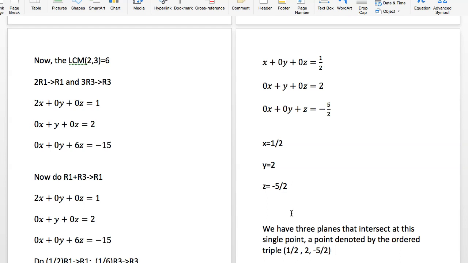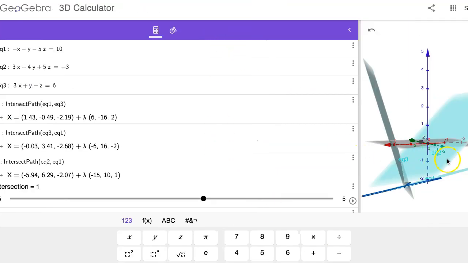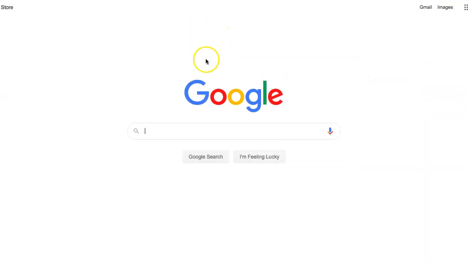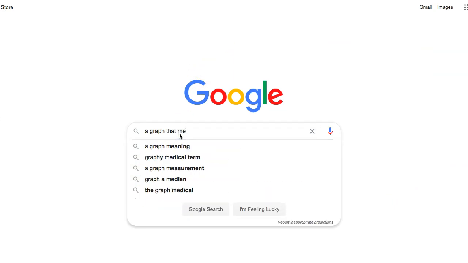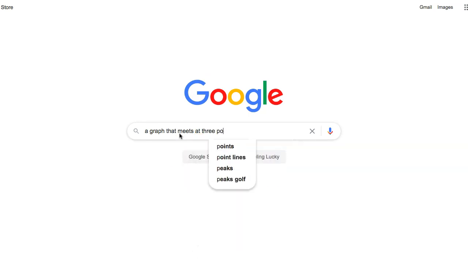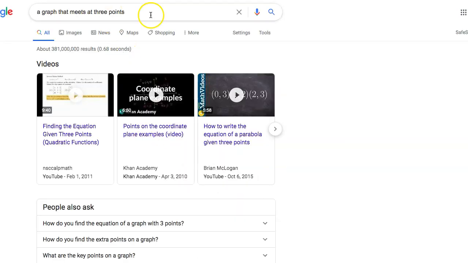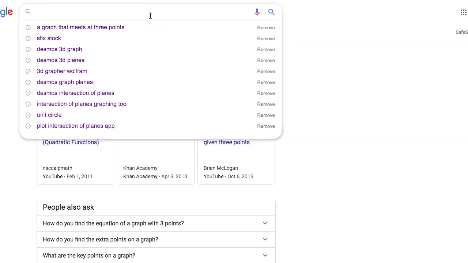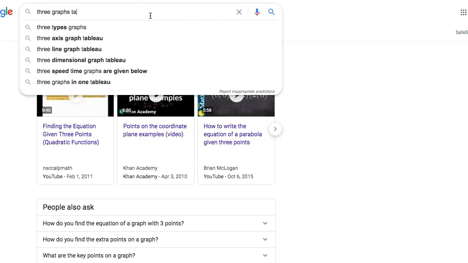Desmos and all them, they really let me down today. They apparently want my money. I would have liked to just type in a generic graph. You guys let me down. A graph that meets at 3 points. Wait, 3 graphs that meet at 1 point.